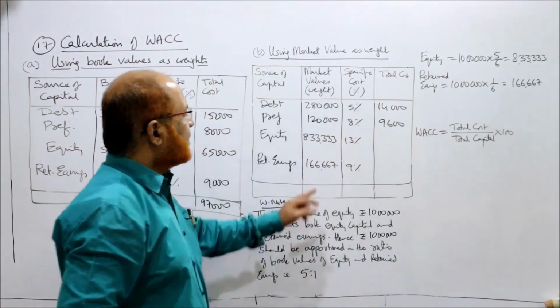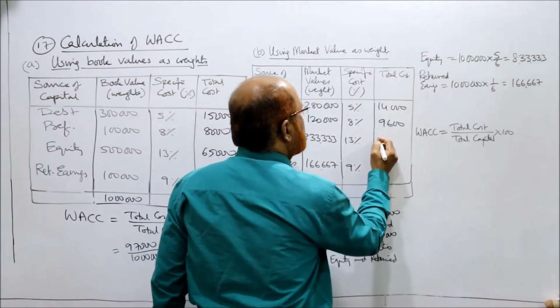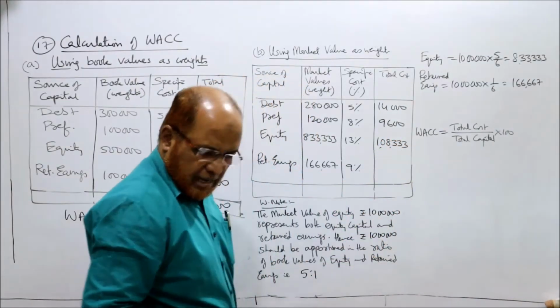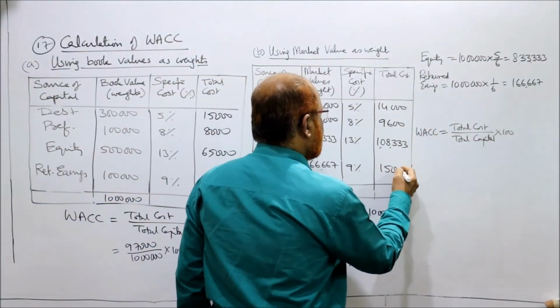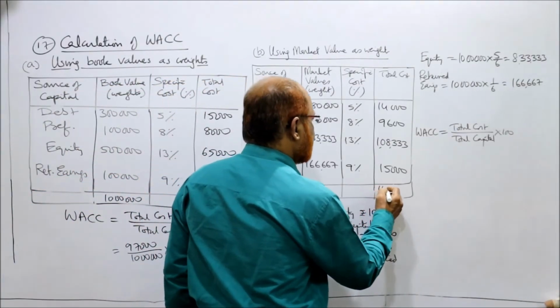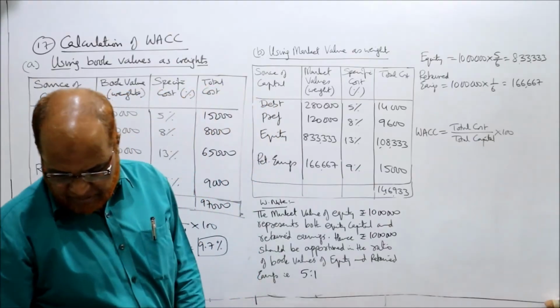Similarly, 8,33,333 into 13%, 1,08,333. Last one, it is 15,000. The total comes to 1,46,933, and the total of capital is 14 lakh.